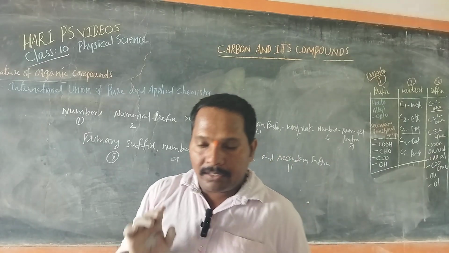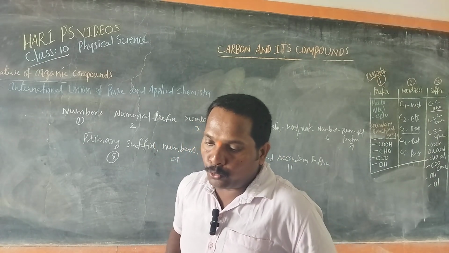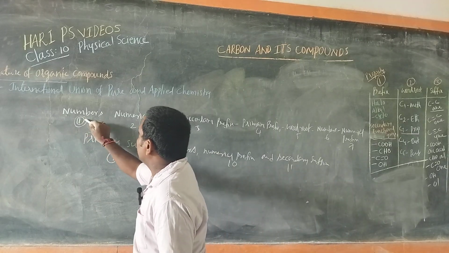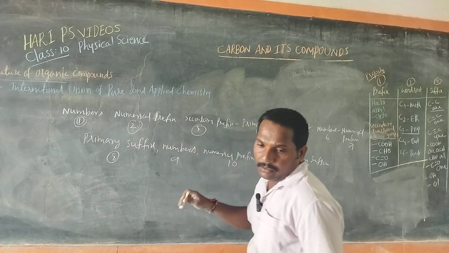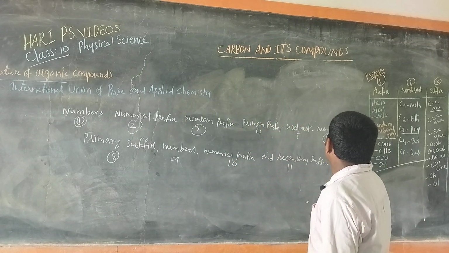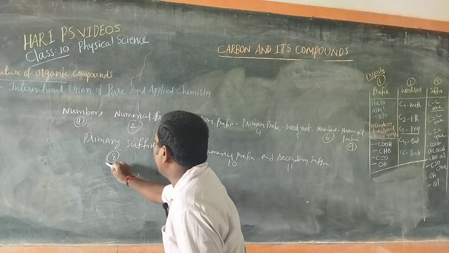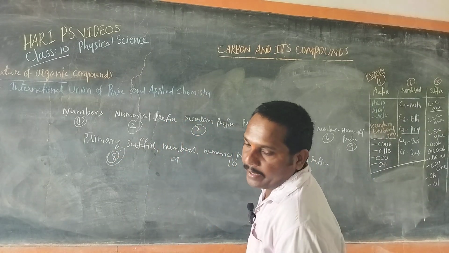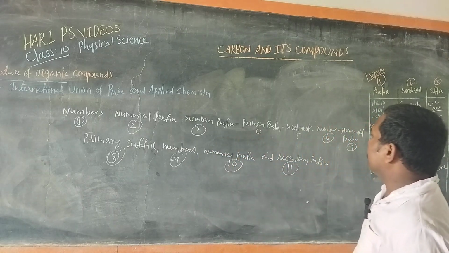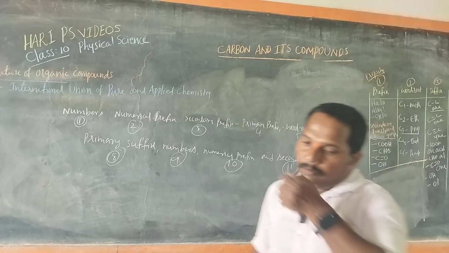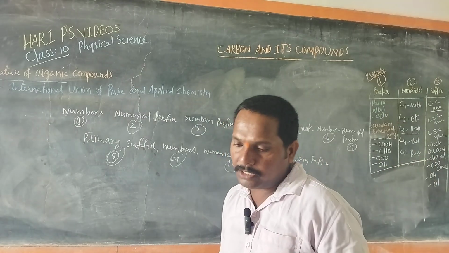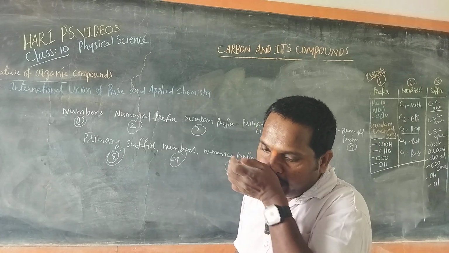So what differences do we have to find among 1, 2, 3, 6, 7, 8, 9, 10, 11? What is the difference we have to find? 1, 2 are numbers and numerical designations to be written for secondary prefixes.